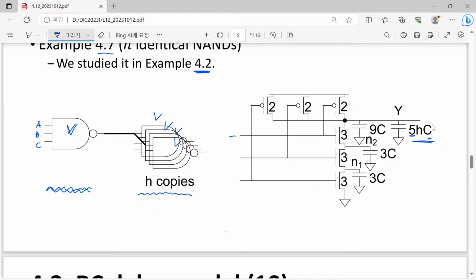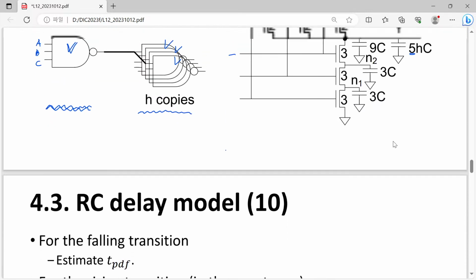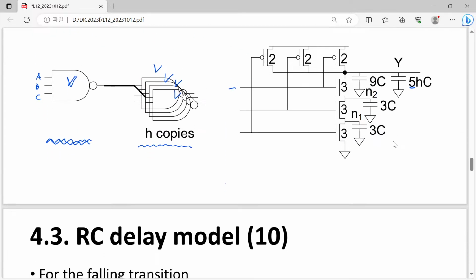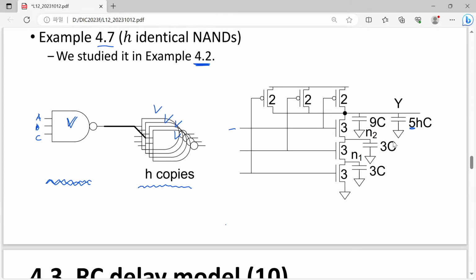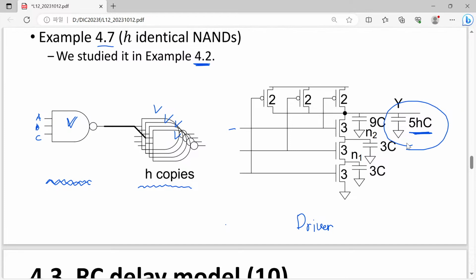Okay, so now everybody understands this is 5 times HC, the load capacitance of this driver stage.